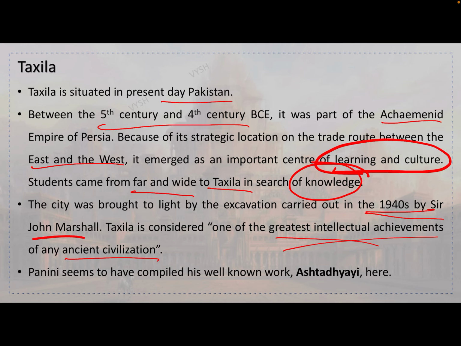Panini seems to have compiled his well-known work Ashtadhyayi here. Remember, the Ashtadhyayi was written by Panini, and it was compiled in Takshila. It was written in a lot of places, and it is said that it took a lot of time.